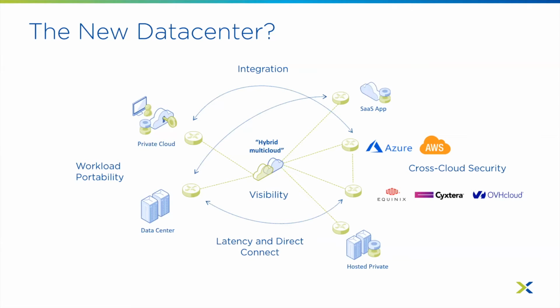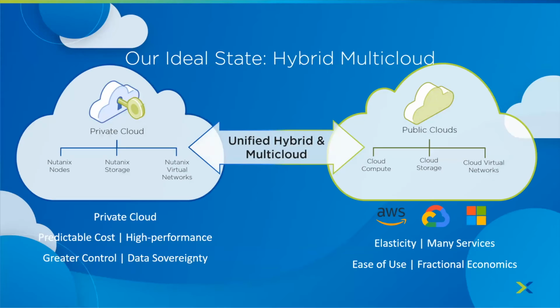And then think about, what applications do I have? Do I have native on-prem applications, or do I have cloud native applications that are SaaS applications? Be able to integrate across both or all of those options and being able to seamlessly move those workloads around between those.